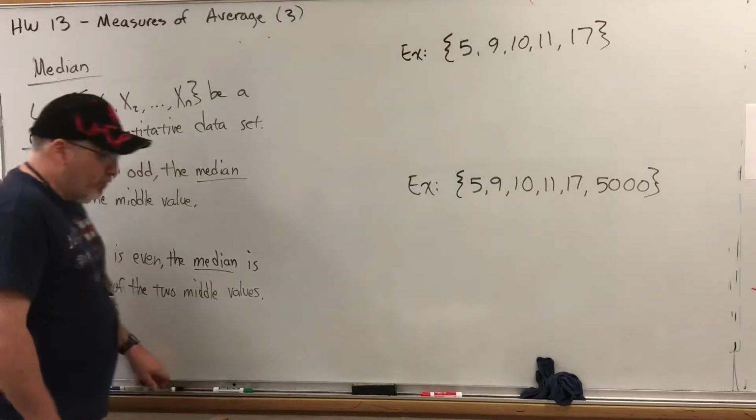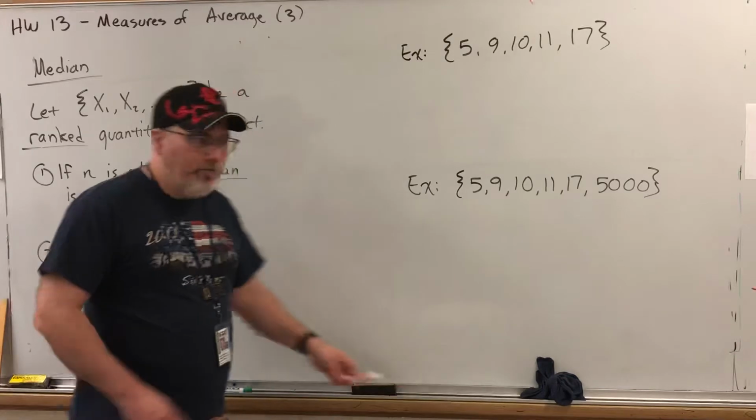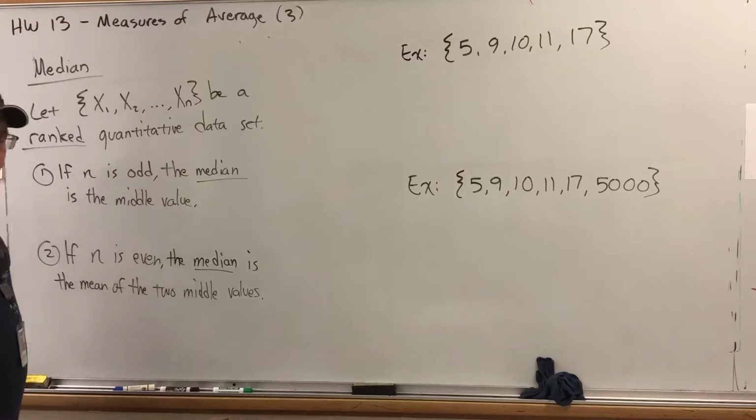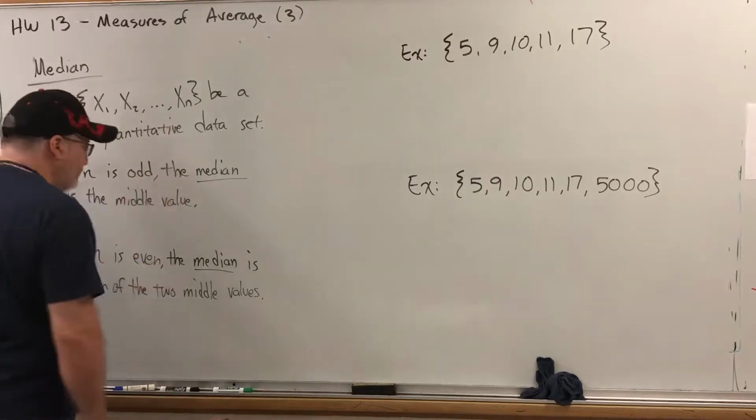I want to be a little bit more specific about locating the median, though, because if you know how many numbers are in the data set, you can actually count to the correct position to locate the median. Let's start with odd.